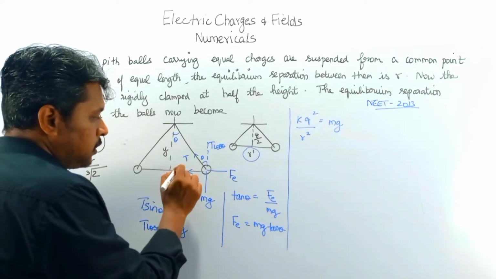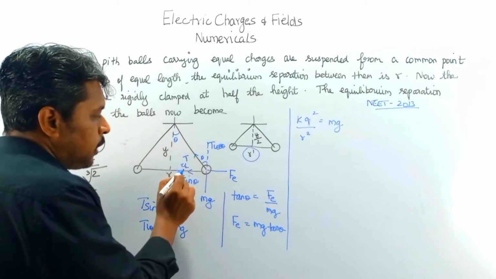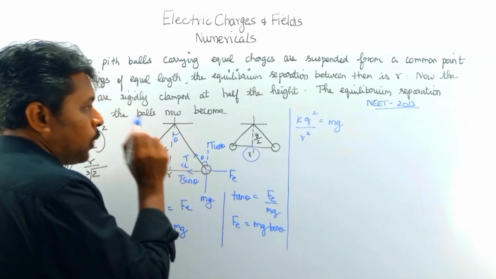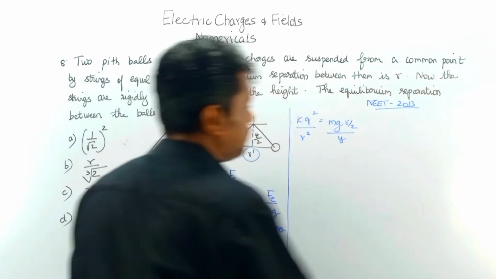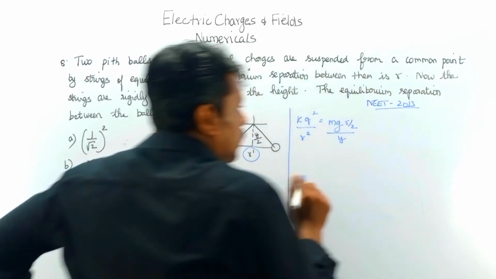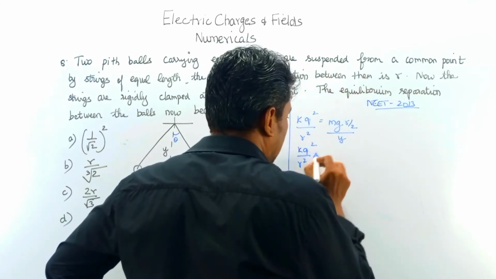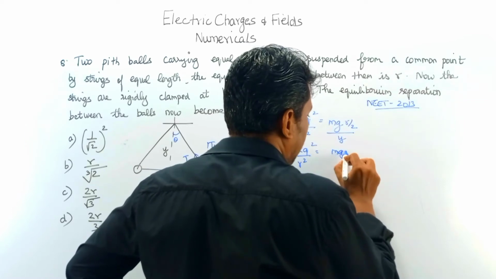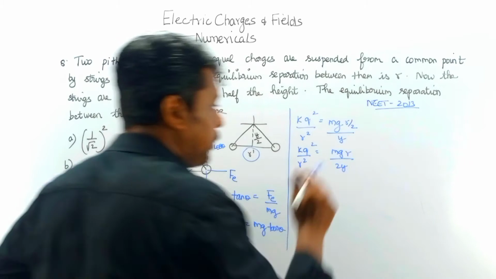In this particular triangle, the opposite is r by 2 and the adjacent is y. So k q square by r square is equal to mg r by 2y.